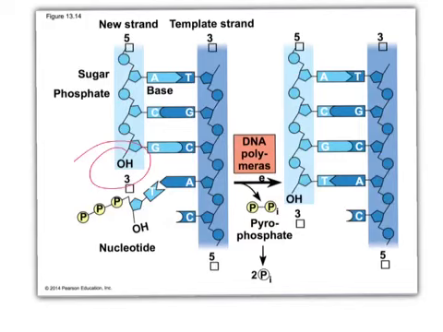We're going to add, if you count on the 5 carbon sugar, right here is the 5' carbon. So we're going to add from 5' phosphate to this 3' OH, and you end up with pyrophosphate coming off. This is the formation of what's called a phosphodiester bond.